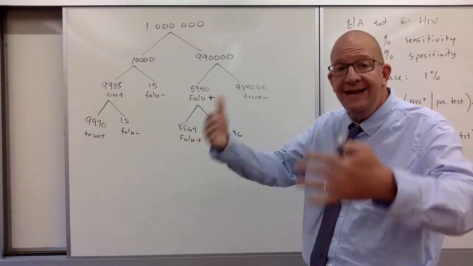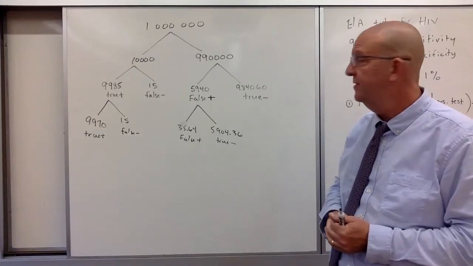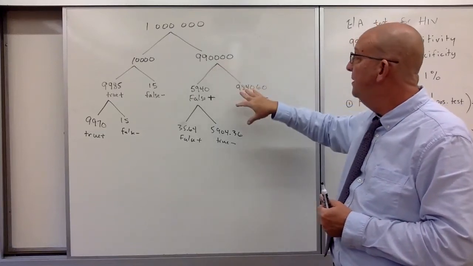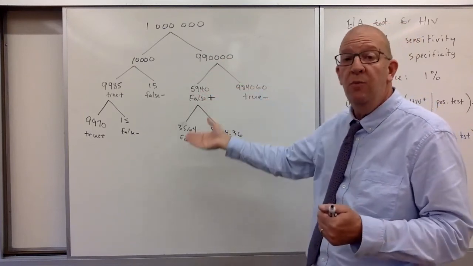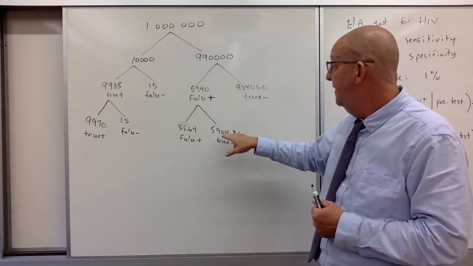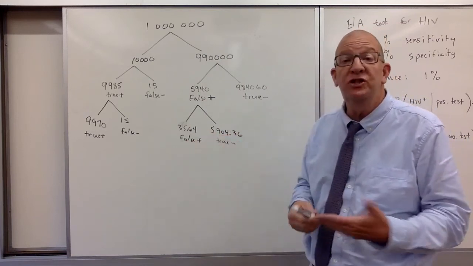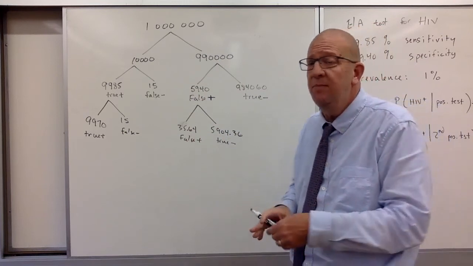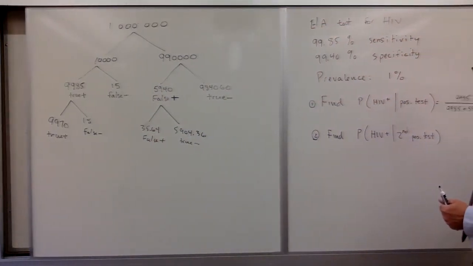We're going to run that test again, and 9,970 come up positive. On the other side of this group, 5,940 come up positive. When we run the test again on that group, 5,904 will go away, but 35 will still come up positive. So we're still not 100% accurate, but let's see if we can answer this question with the second probability.